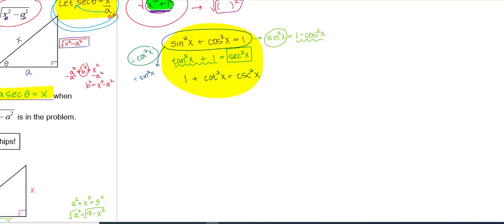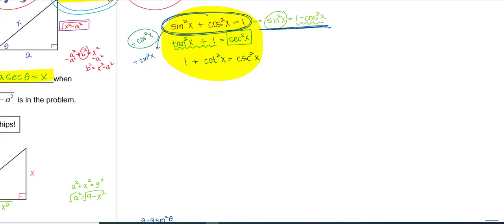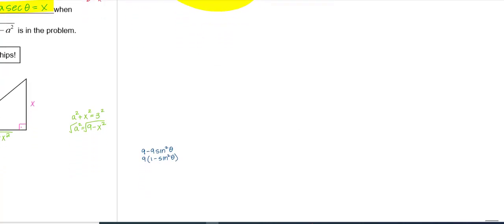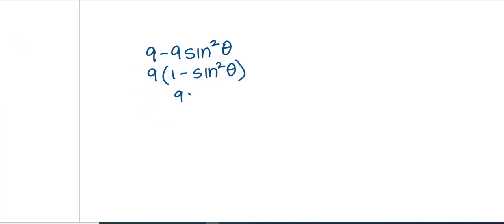Sine squared plus cosine squared is 1, but you can also solve it for either of the two trig functions, obviously squared, so you're turning two terms into 1. So if I had 1 minus sine squared, that's going to leave me with just cosine squared. So this turns into one term, which is 9 cosine squared theta.